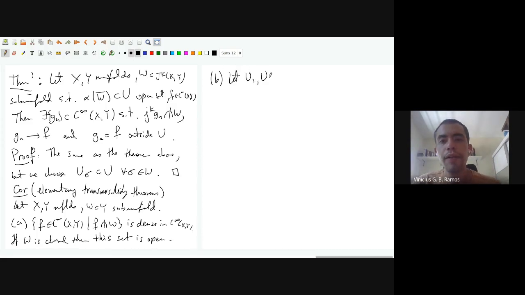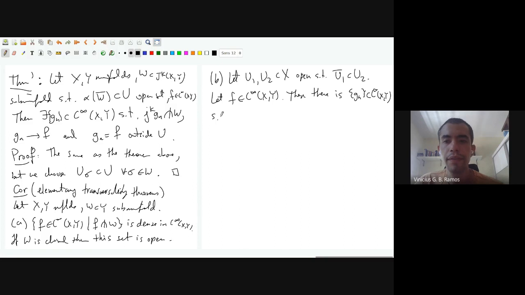So let U1 and U2 be open such that U1 bar is contained in U2, and fix a function F. Then there is a sequence Gn of smooth functions such that Gn is transverse to W outside U2, and Gn is equal to F in U1, and Gn converges to F in C infinity.